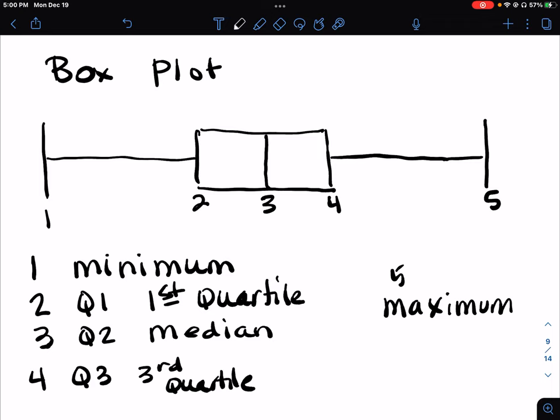Where the line is in the middle of the box is Q2, which is also the median. The right side of the box is Q3, the third quartile. And the very last number on the end is the maximum. Okay, so if you have a data set, this is called the 5-number summary. It's called a box plot.